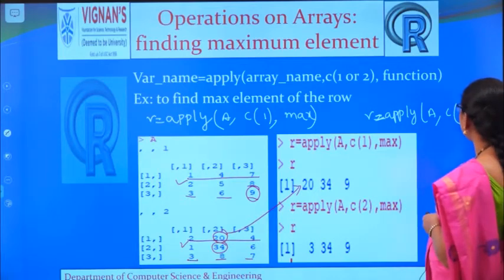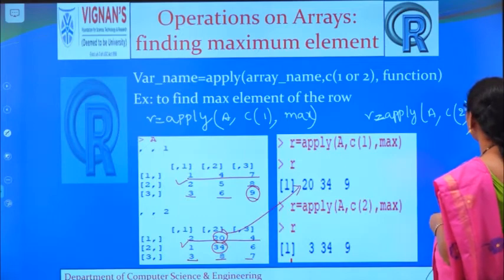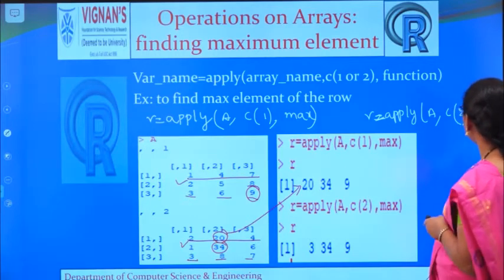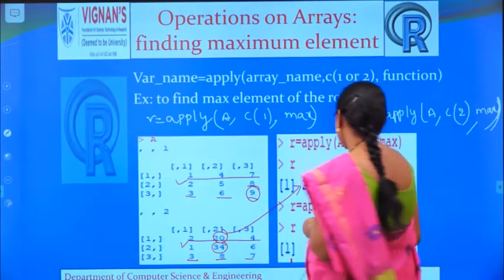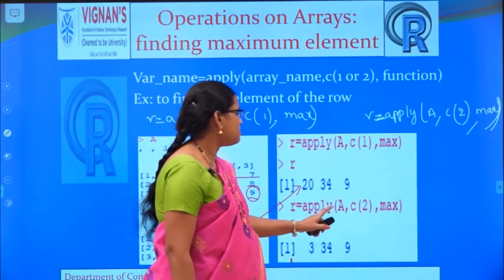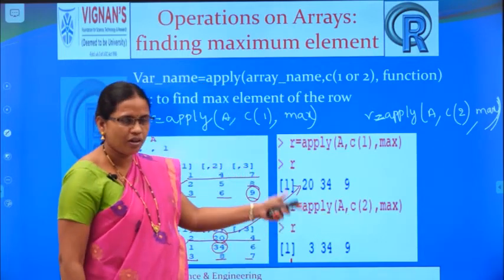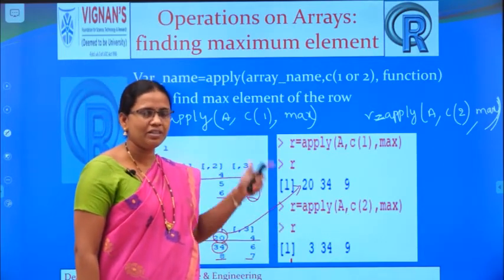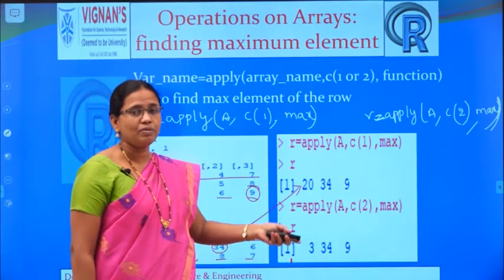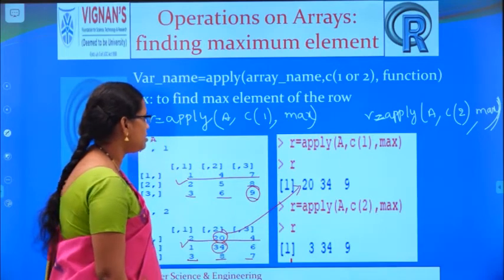To find the maximum element in the columns, we write 2 and then max: apply of A comma C of 2 comma max. C of 2 is nothing but columns.